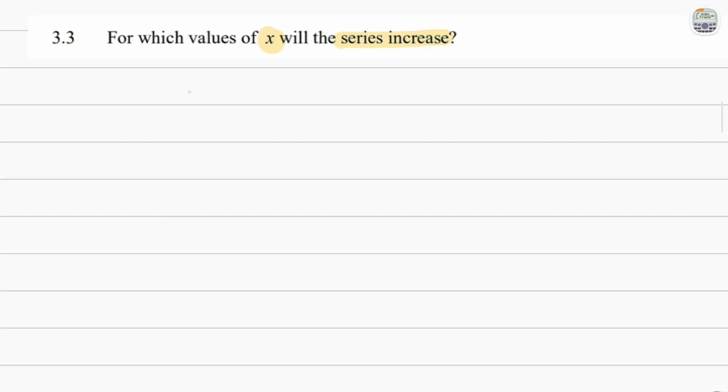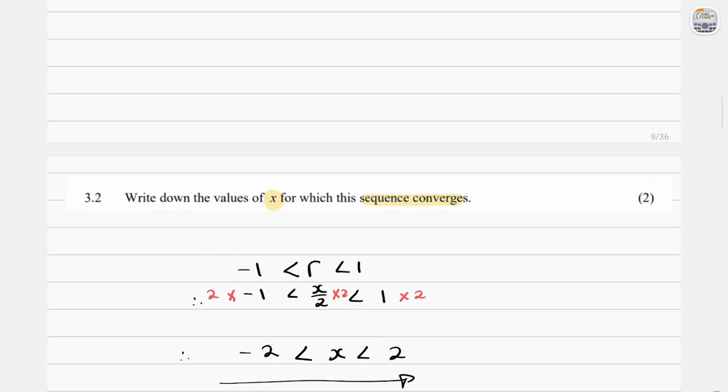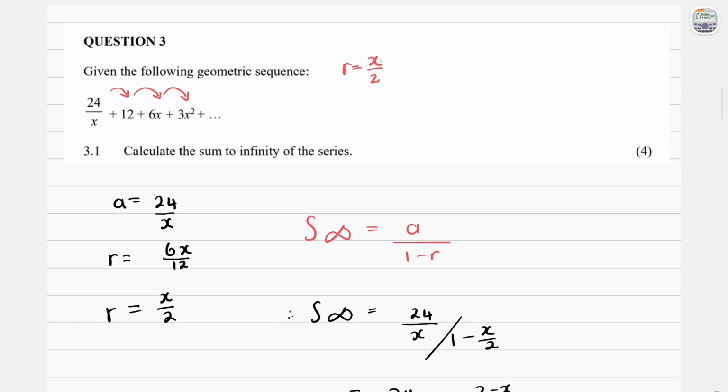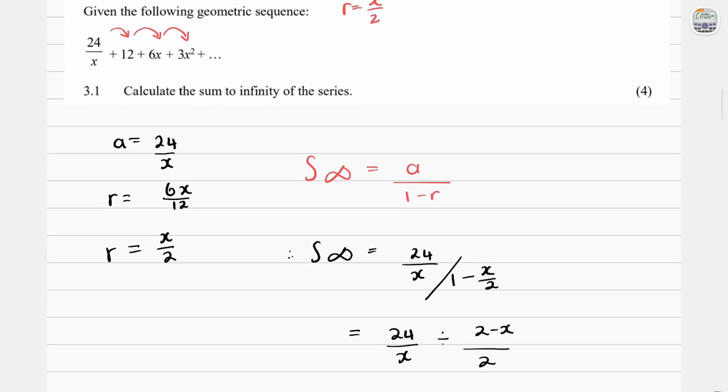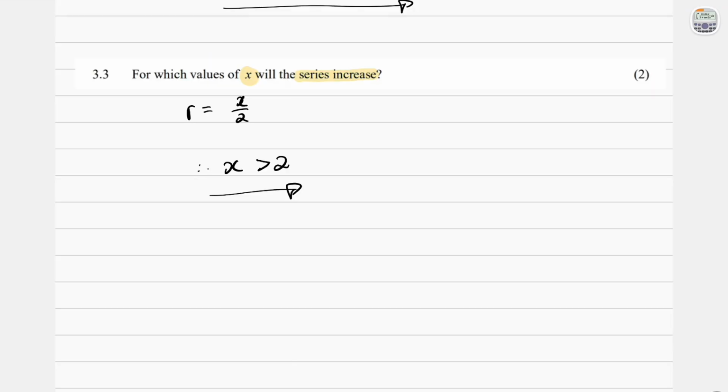I was looking at R equals x over 2 and determining that if we want this to increase, x simply needs to be a value greater than 2. And that is our answer. So this method is more like analyzing the way the expression is going to behave based on what R is. So it's more of an algebraic breakdown of it. Okay, so this is our answer.